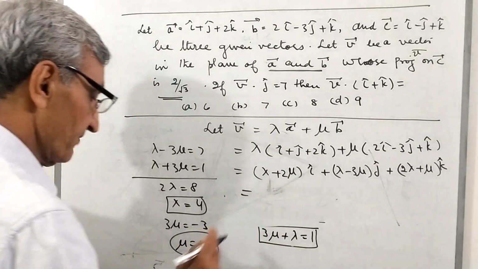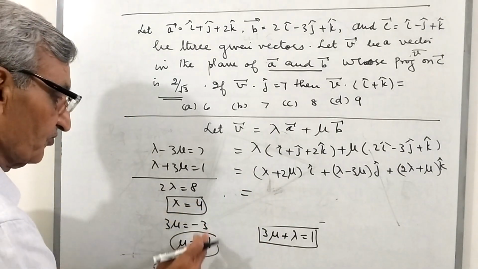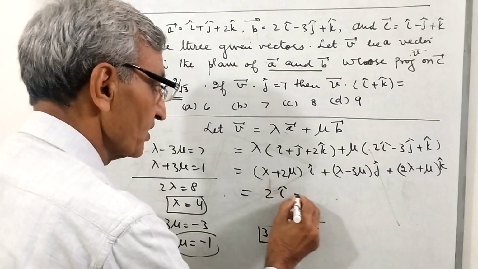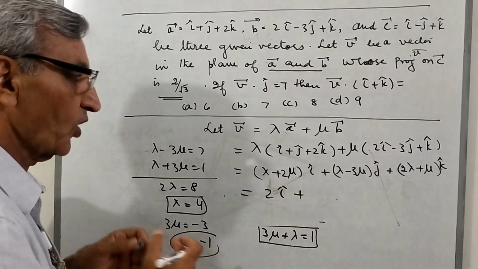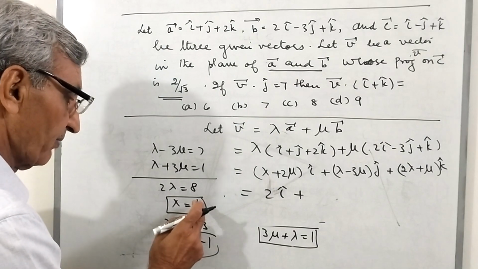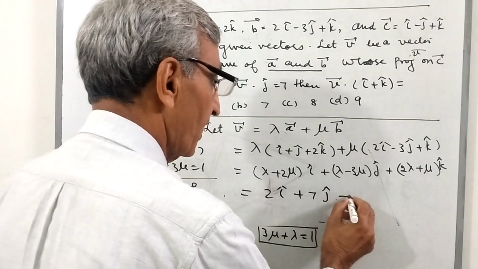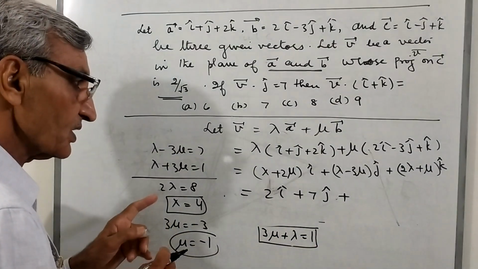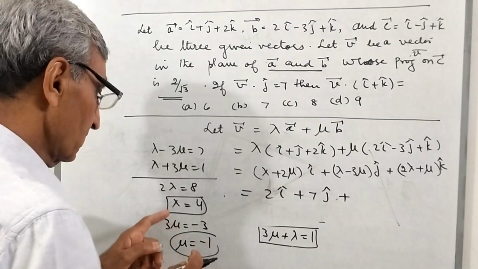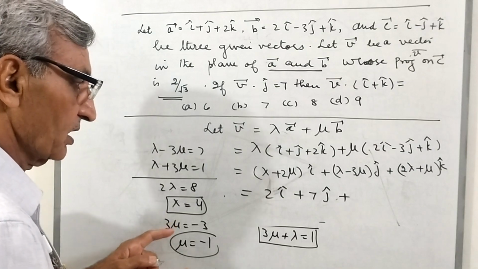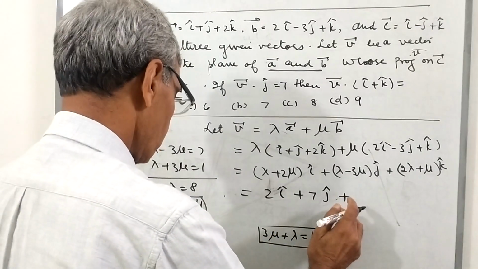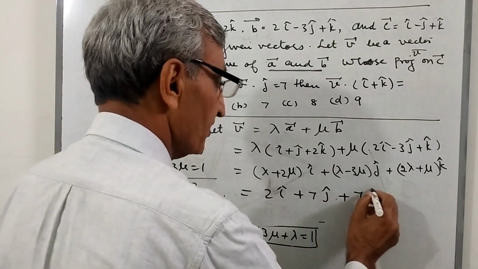So V is equal to 2i plus 7j plus (8 minus 1, which is 7) k.